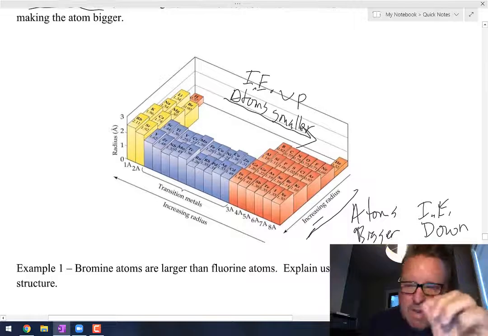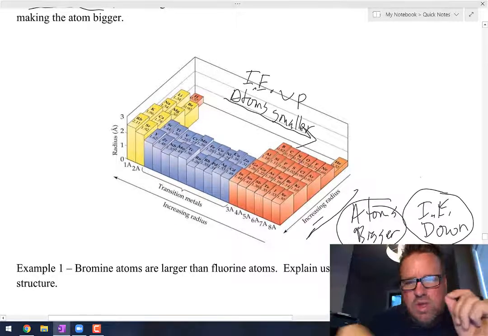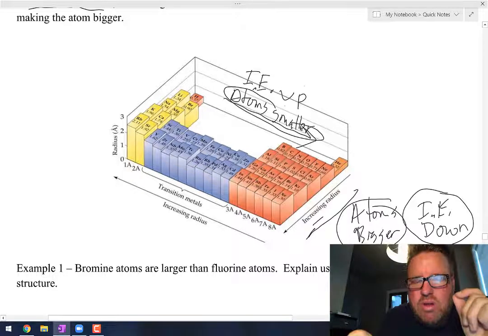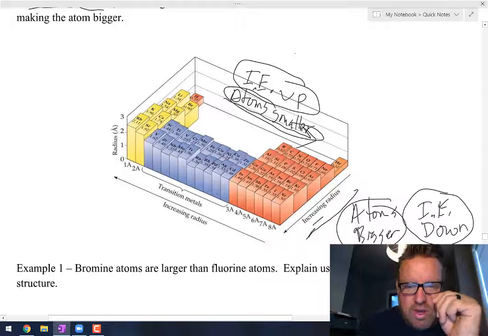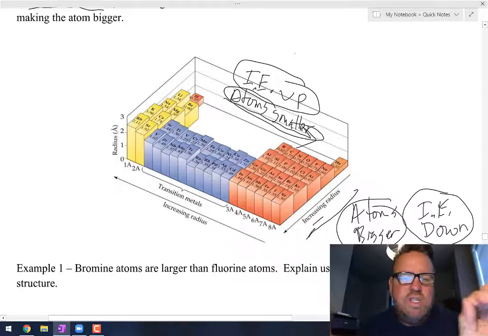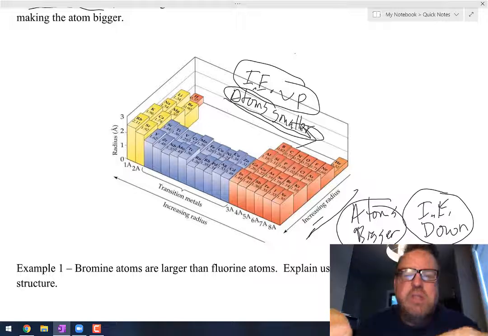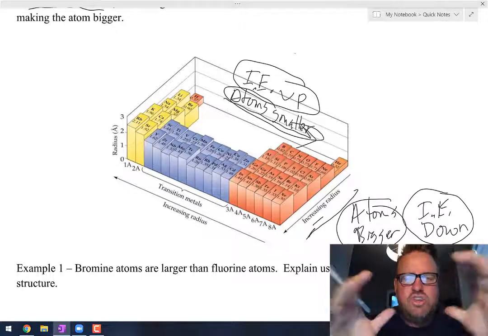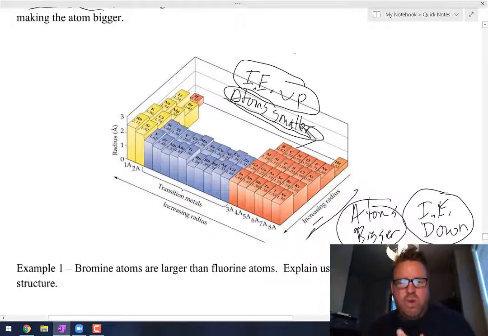And the explanation for why this happens is exactly the same. Why do atoms get smaller? Same reason that ionization energy goes up as you go across the periodic table, because the valence electrons occupy the same shell, but the number of protons increases, so the attraction gets greater, making the atom smaller and making it require more energy to remove an electron from the atom.